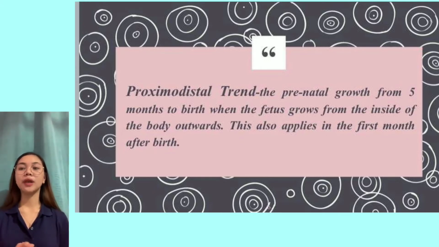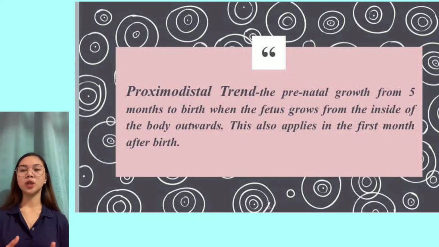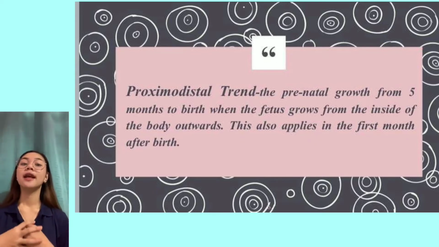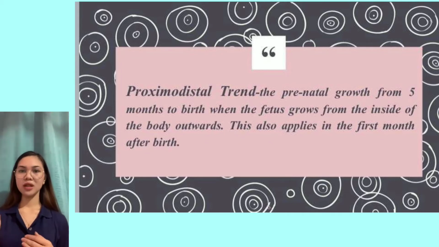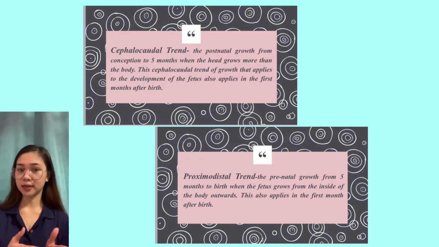An example is the early development of muscular control of the trunk and the arms relative to the hands and the fingers. I hope that you understand what the cephalocaudal trend and proximodistal trend are, and the difference between the two.